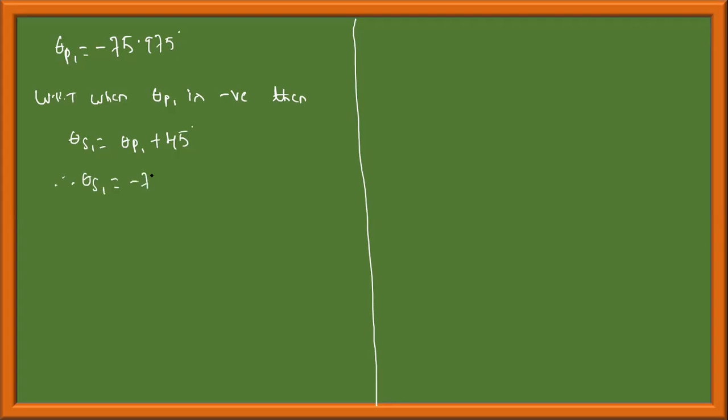Therefore, theta s1 is minus 75.975 plus 45, which is equal to how much? Tell me. Minus 30.975.